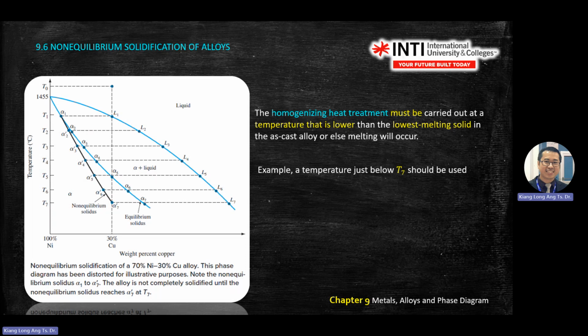So in this case, if you want to get 30% of copper, what you do, you use T7 to do the cooling. Means you heat the sample at T7 before you do the other process. Okay. So if you have a higher temperature, it's overheated, local melting and liquation might take place.